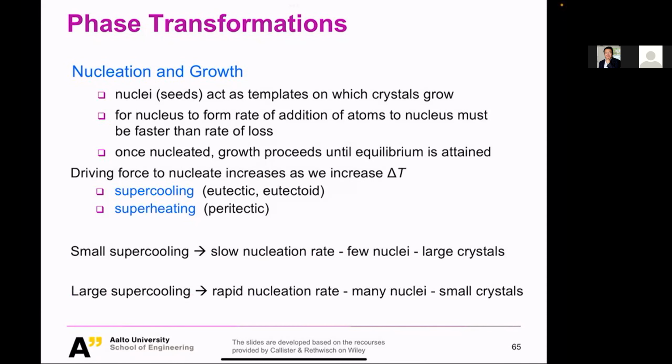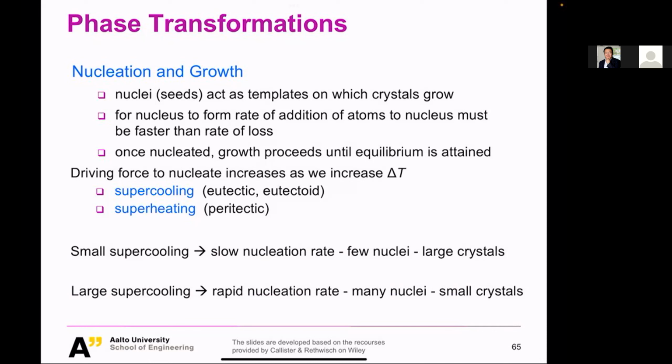On the contrary, if you apply really large supercooling, so you have a lot of delta T, that is going to get many nuclei happening. That relates to a rapid nucleation rate. With many nuclei in your microstructure, you're going to have small crystals or small grains, right? Because you have too many, and when they grow, they meet each other and develop so-called grain boundaries, and that's it.